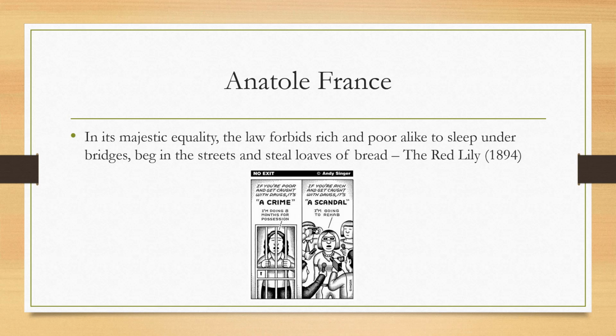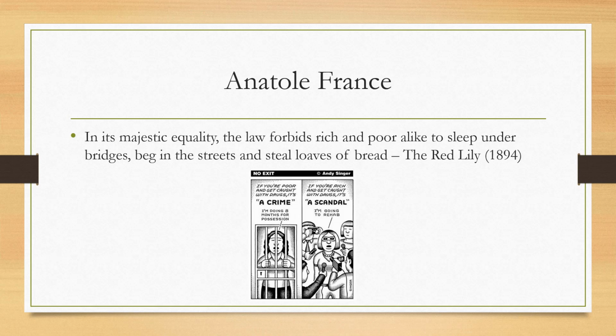This introduces the idea that for a seemingly objectively neutral thing, like it's illegal for everybody to sleep under a bridge, it's illegal for everybody to steal a loaf of bread, that law doesn't apply to a large segment of society that has no need to do those things. It only applies to a certain group that does.